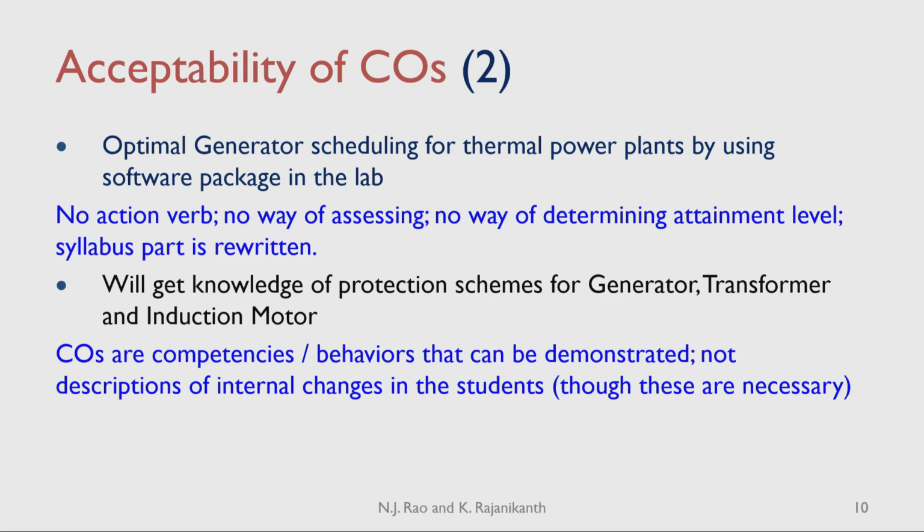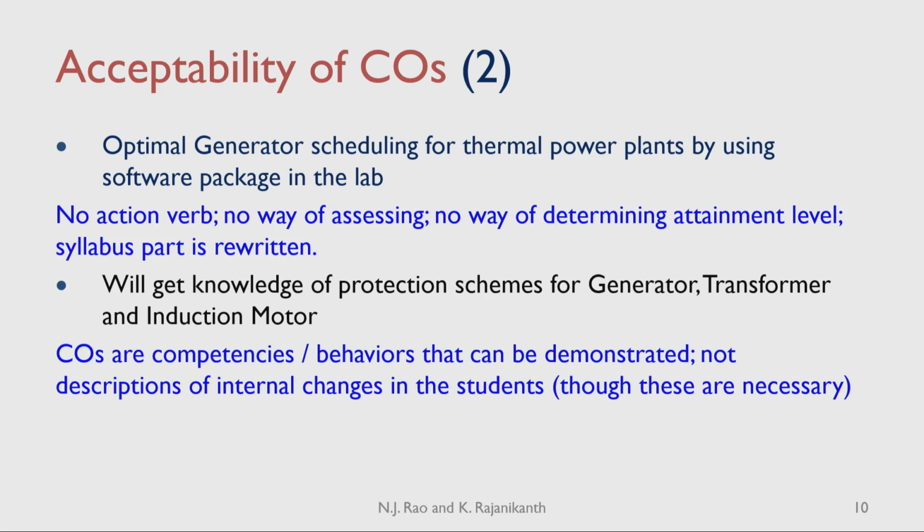Thus, an outcome statement must state what the student is expected to do or perform. It should not describe the changes that take place in his mind or her mind. So, COs are competencies, behaviors that can be demonstrated, not descriptions of internal changes in the students.